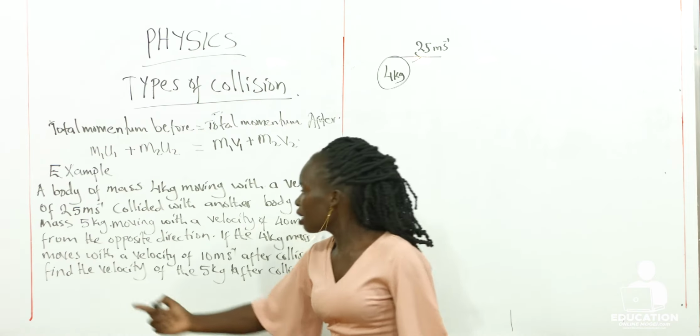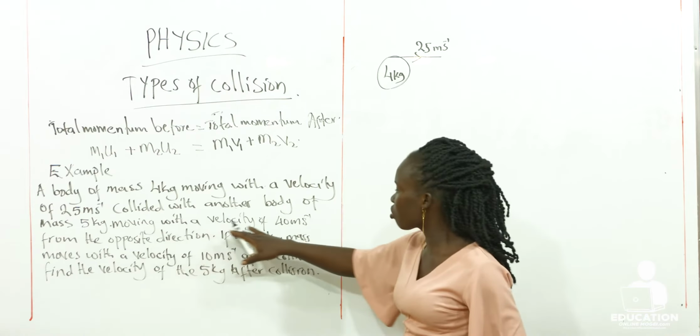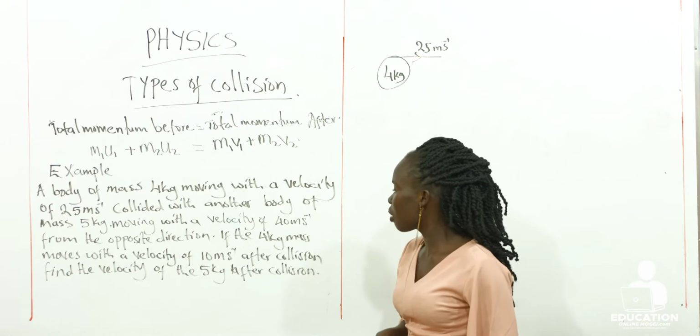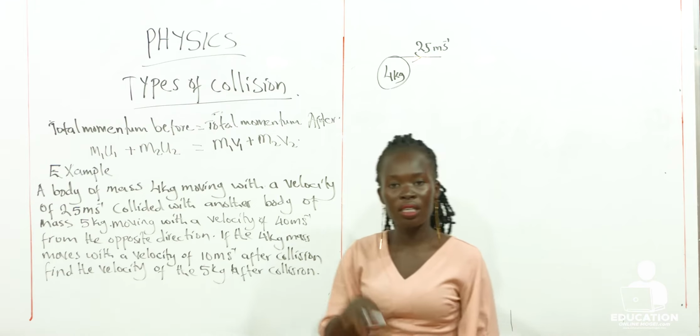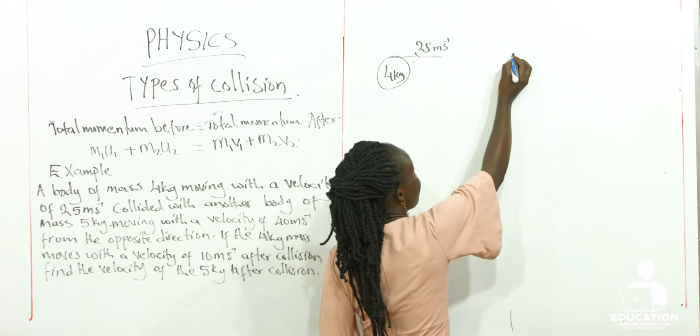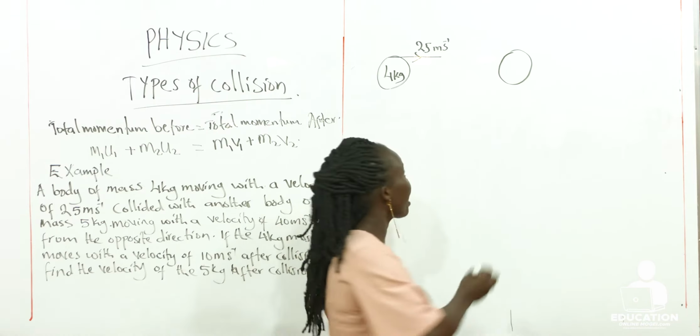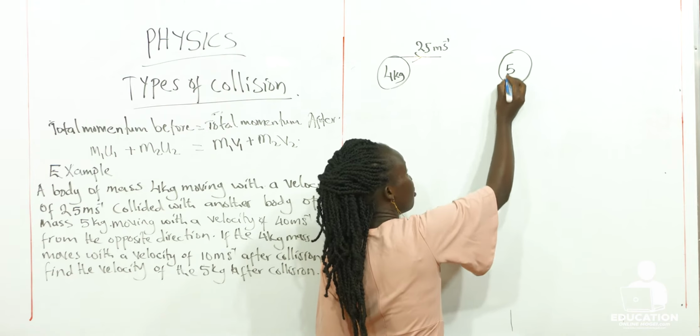So if it collided with this body, how was the body moving? The body was moving with a velocity of 40 meters per second from the opposite direction. So this other body here is of mass 5 kilogram.